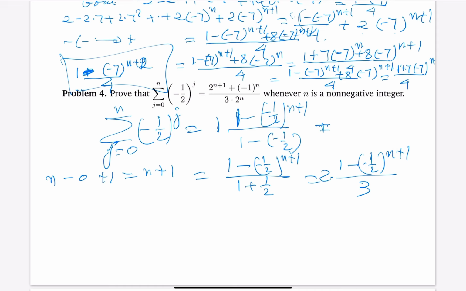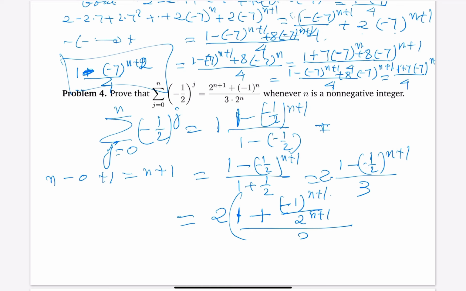Flip the 2, so here you will have 2 times 1 minus (-1/2)^(n+1). The negative 1 half becomes negative 2 in the denominator, so you will have on the top 2^(n+1) minus (-1)^(n+1), and on the bottom 2^(n+1), okay?